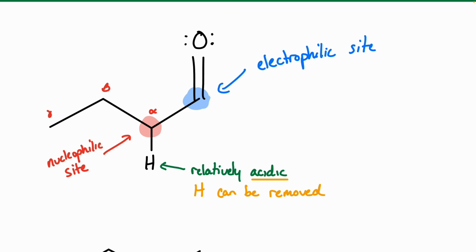Right, so these aldehydes and ketones, they have both an electrophilic site, that carbonyl carbon, but they also have a nucleophilic site, that alpha carbon. All right, and it has everything to do with the fact that that alpha hydrogen is relatively easy to remove, relatively acidic.